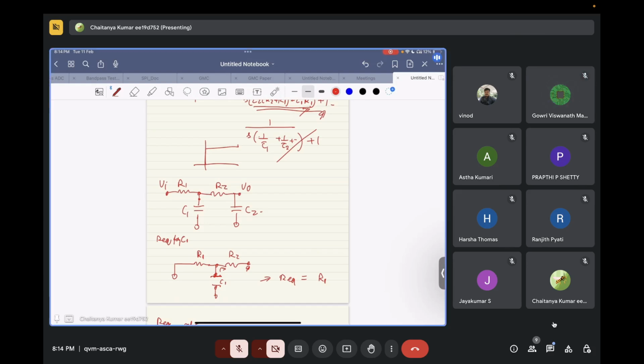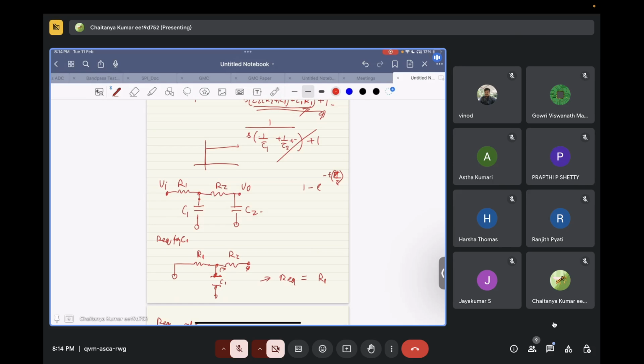So this is how you find out a first order approximation to any nth order circuit. And where is this useful? This is useful when you need to find an approximate response for the step input, which will be equal to 1 minus e to the power minus t by tau.